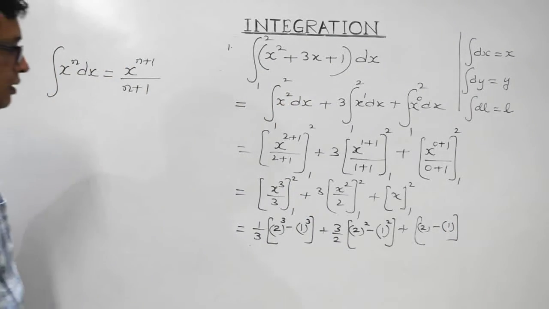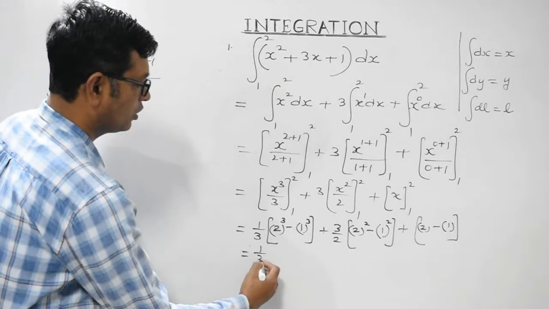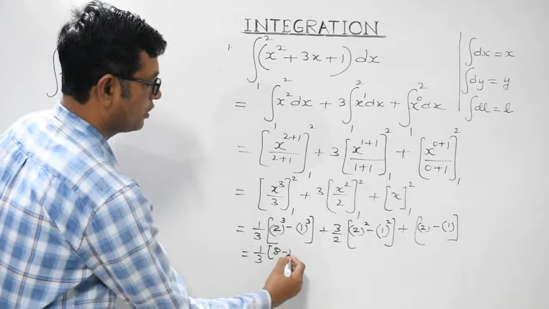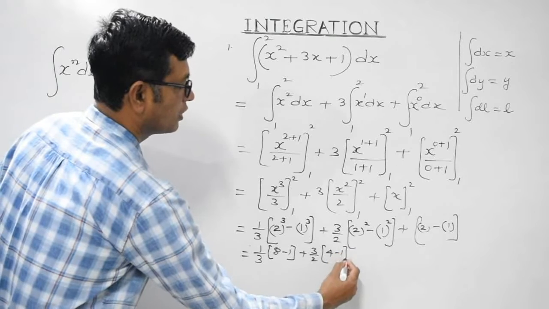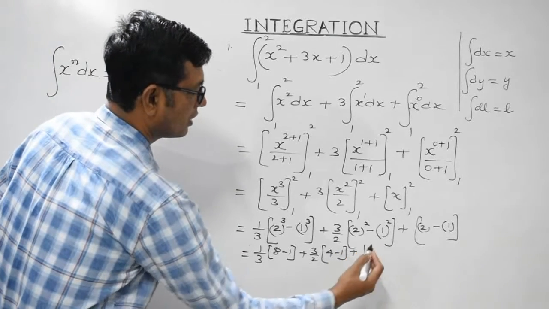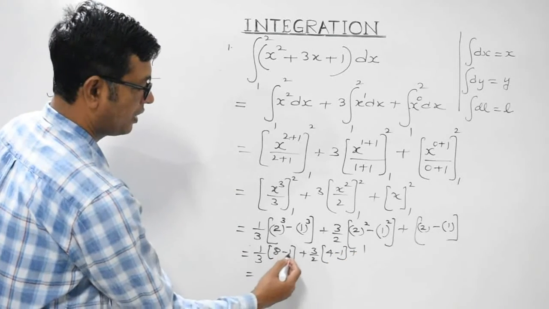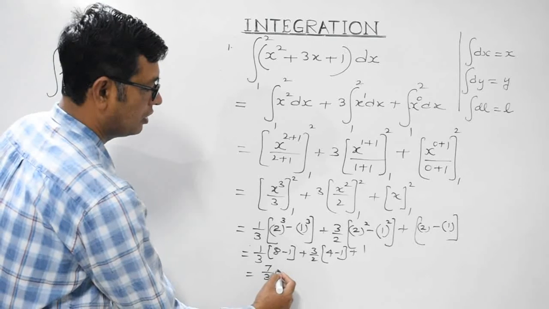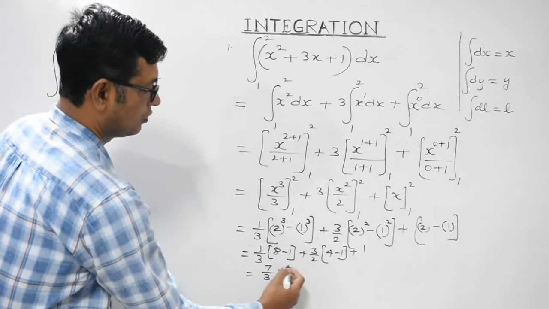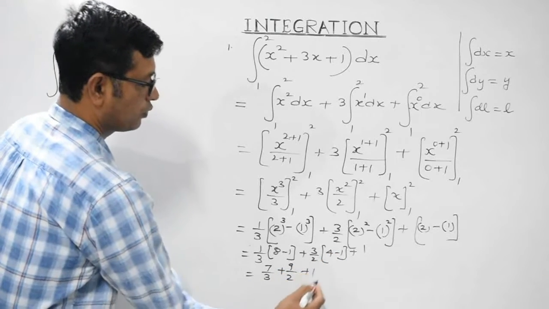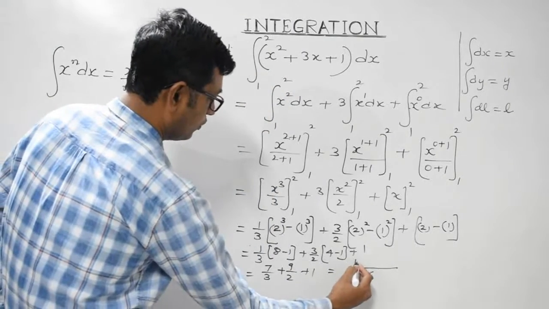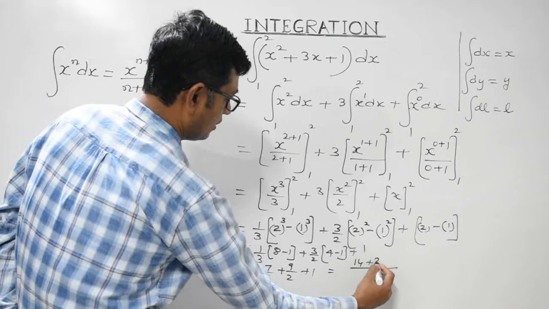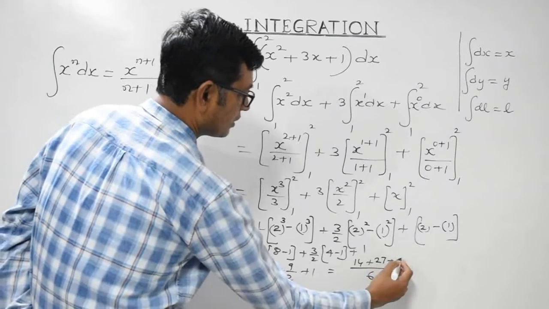Clear, students? So it can be solved. 8 minus 1, plus 3 by 2 times 4 minus 1, plus 2 minus 1, that is 1. So 8 minus 1 is 7 by 3, plus 9 by 2, plus 1. 6 is the LCM: 14 plus 27 plus 6.